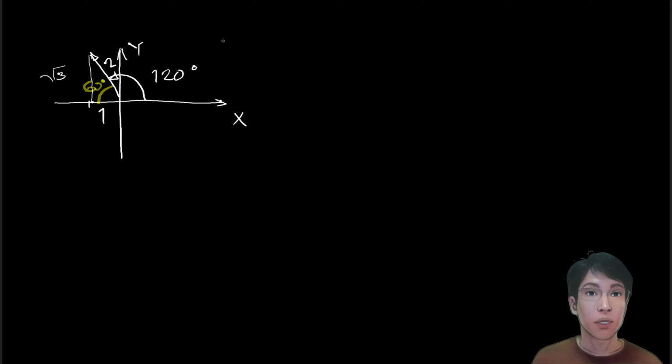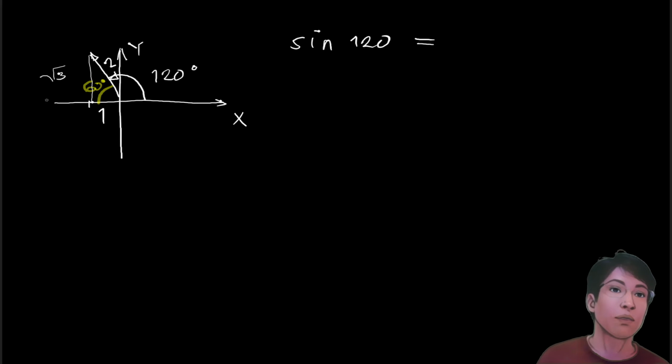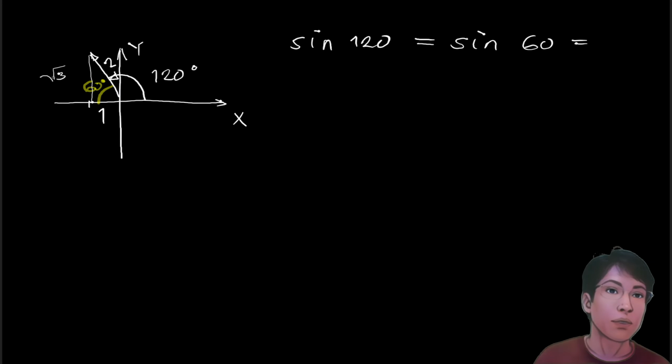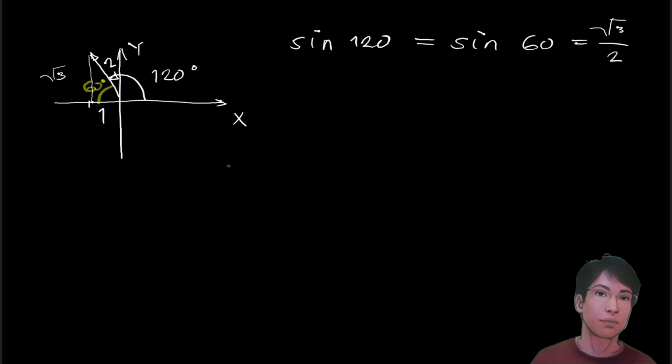So sine 120 is actually equivalent to the reference angle 60 degrees. So that will be sine 60, and that is square root of 3 over 2. So opposite of this angle, square root of 3 over 2. Same thing for cosine.